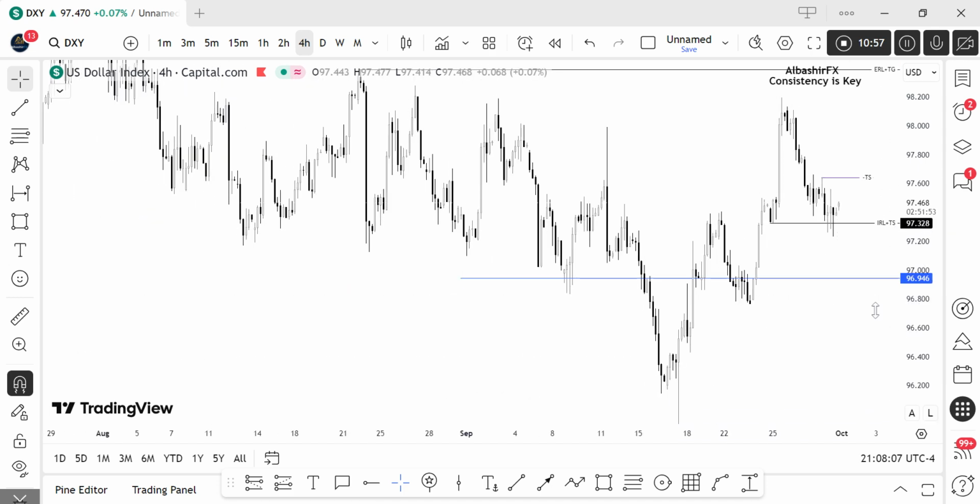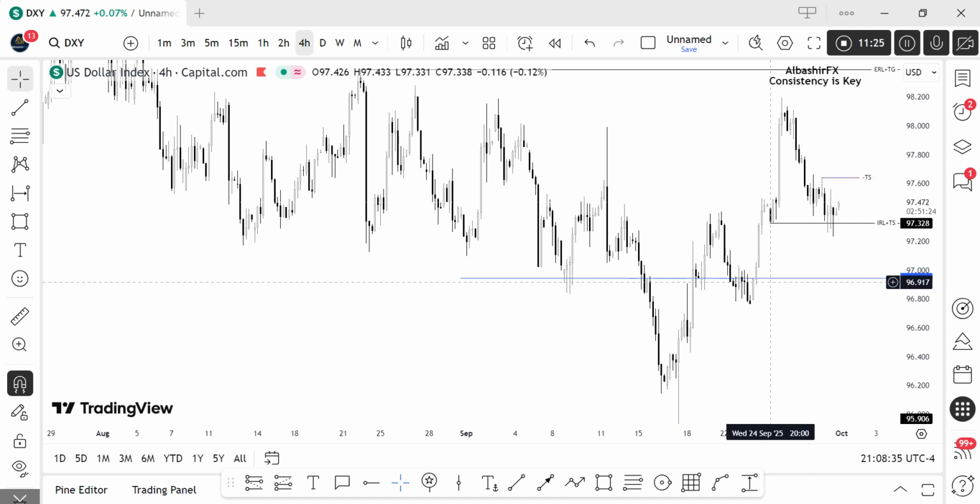So overall on the DXY, we are anticipating that price can be distorted from now till Friday NFP, which will then set the legs for us whether we are going to continue to expect the monthly candle low, our area of projection where we projected the monthly candle low is going to be, which is below this blue line, right?